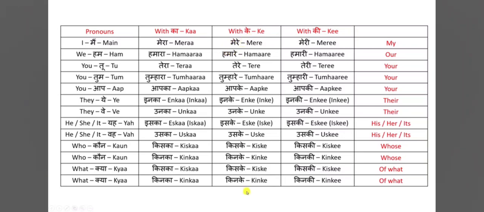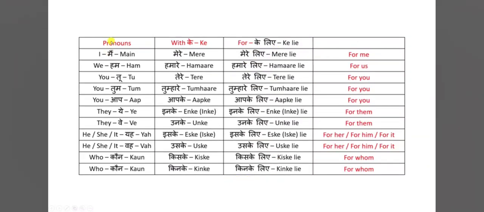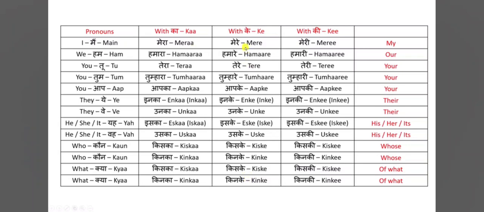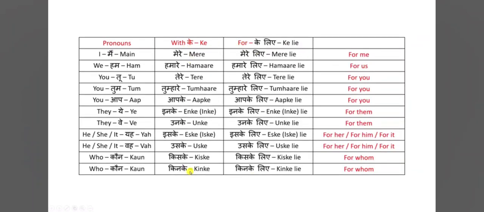We learned it in the previous video. Now we will use this. Here we have pronouns, and here we have the words that we get when we add pronouns with ke. Now you know that के लिए is for, correct?